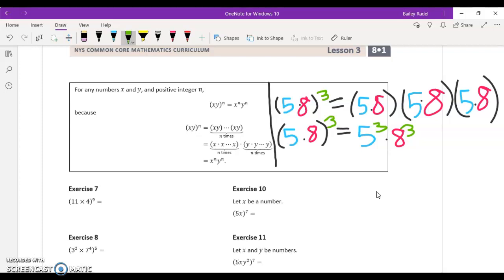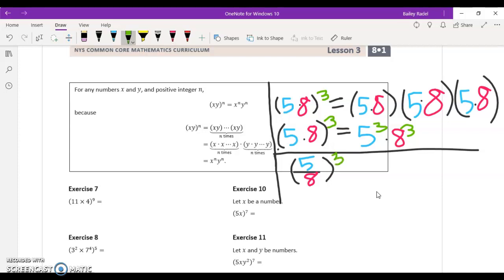Let's do one more example to make it very clear. This time, we are going to have a fraction in our base. We're going to have 5 divided by 8 raised to the 3.